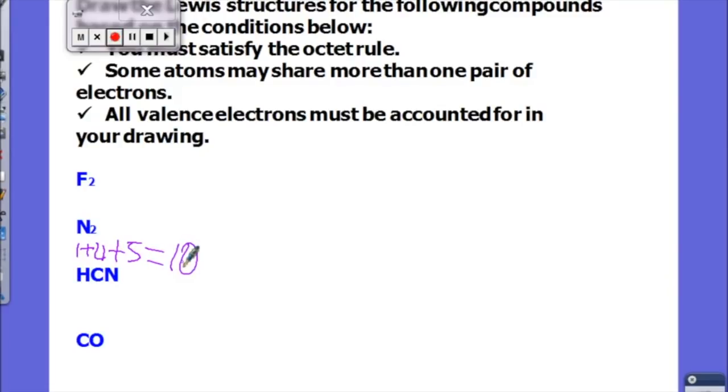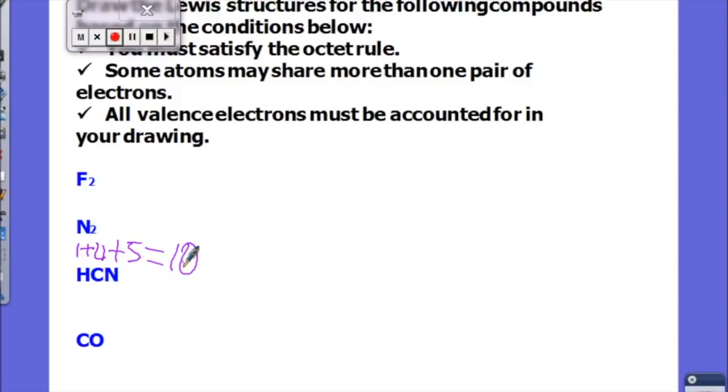Now I place them. I need to decide which one is the central atom. We said last time hydrogen will never be the central atom. It is monovalent. It has only 1 valence electron.